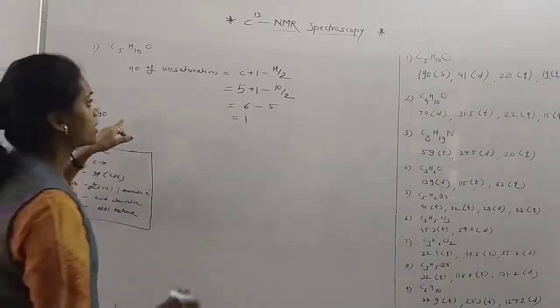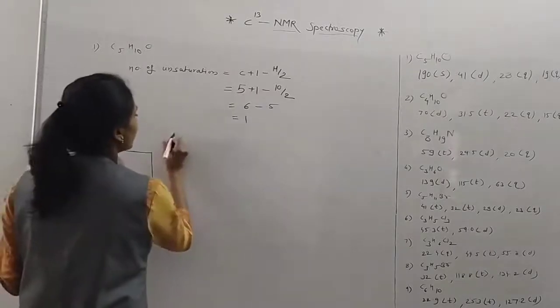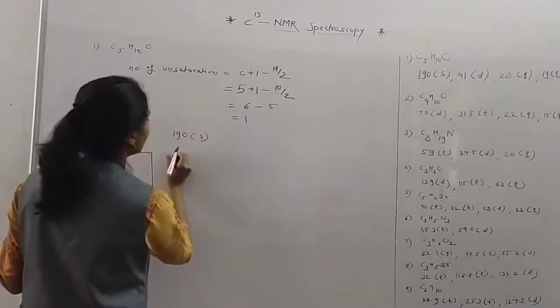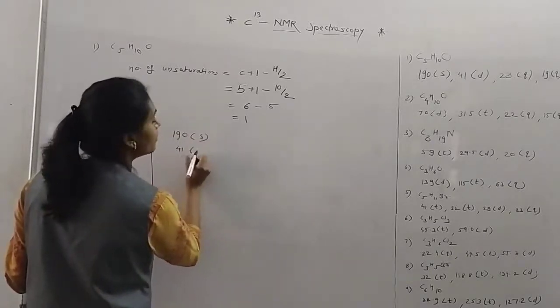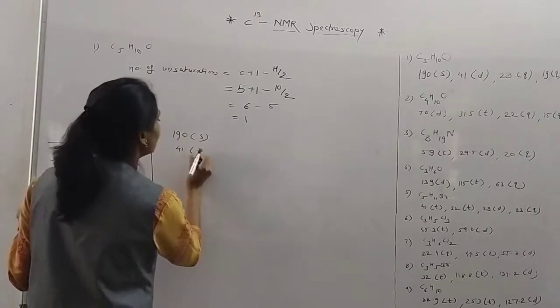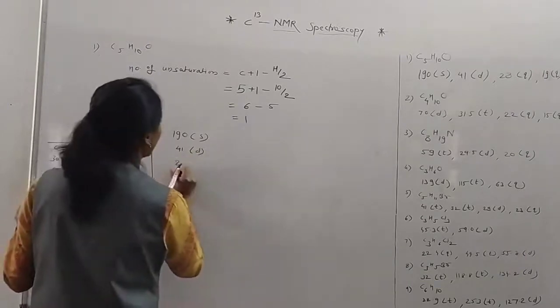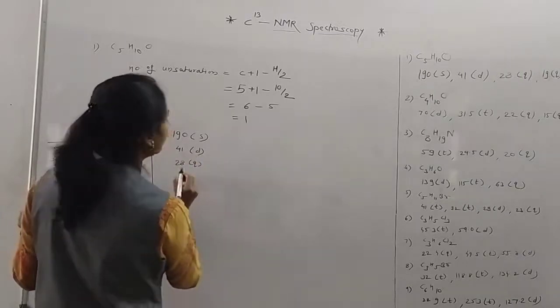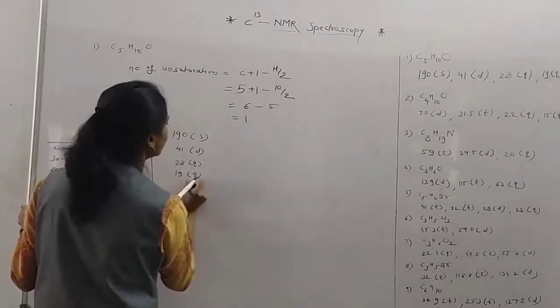Now the given data: 190 gives a singlet, at 41 there is a peak which shows a doublet, at 28 it's a quartet, and at 19 it's again a quartet.